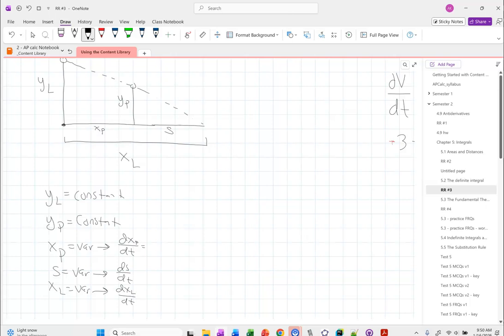Is xp getting bigger or smaller? Bigger, so that should be a positive value. So 1.5. And we're asked for how fast is the tip of the shadow moving when the person is 4 meters. So that's the ds dt. And this guy we're not given.